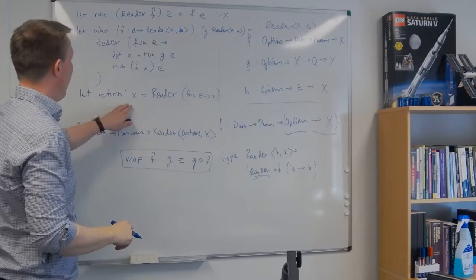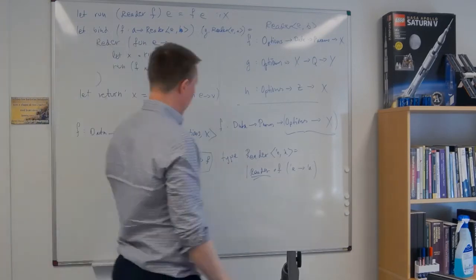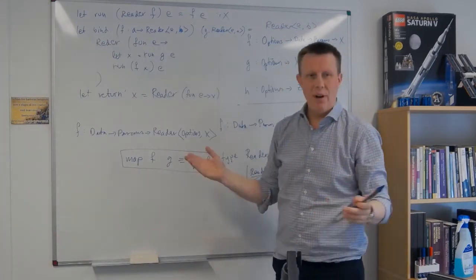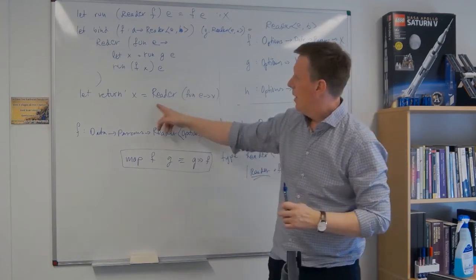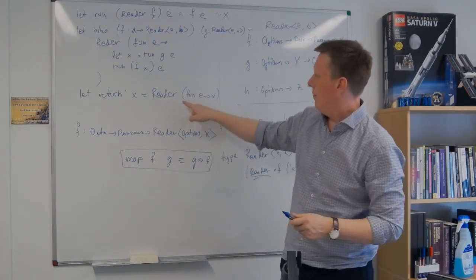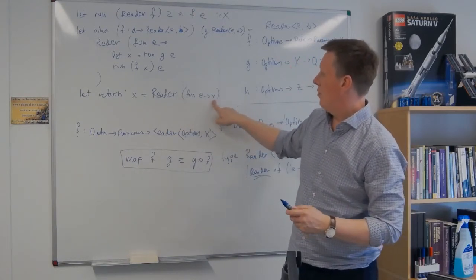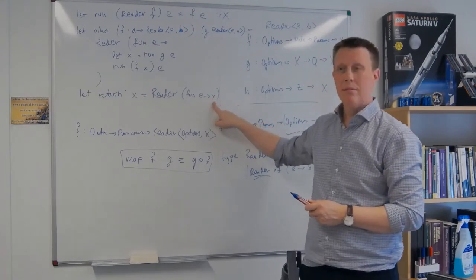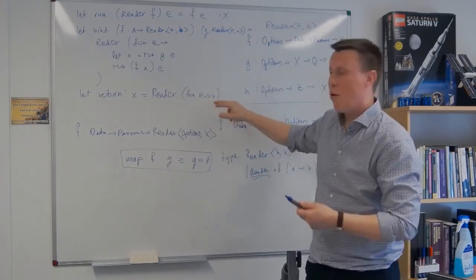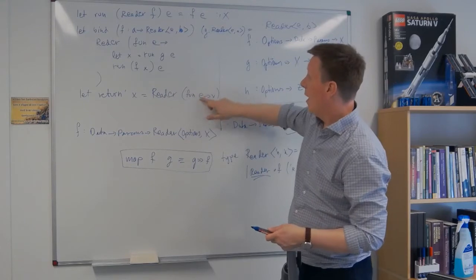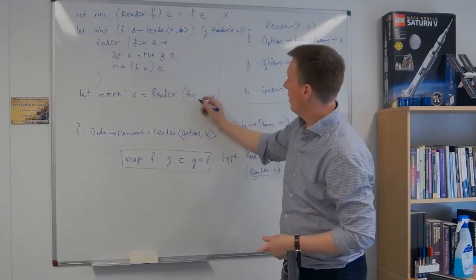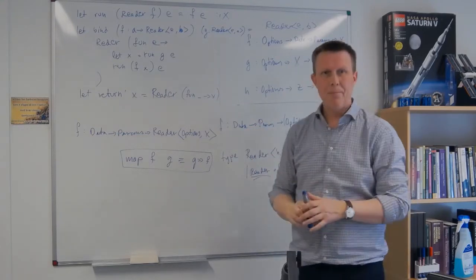So this will take any value, say 5, and create a function from some environment to 5. So it's basically a constant function. It's not doing anything. And of course, I'm not using the e, so I can do it like this.